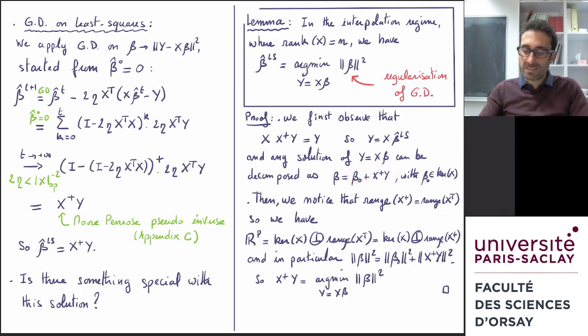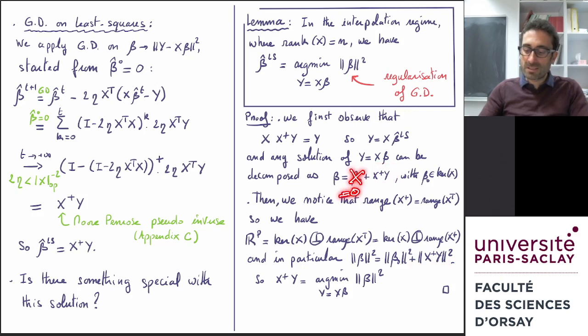Okay? So since I have two terms that are orthogonal, I will have, just by Pythagoras, that the square norm of beta is equal to the square norm of the term which is in the kernel of X plus the square norm of my least square estimator selected by gradient descent. So just by looking at this formula, you see that the beta which has the smallest norm is the beta for which I have only this term, and this term is just equal to 0.